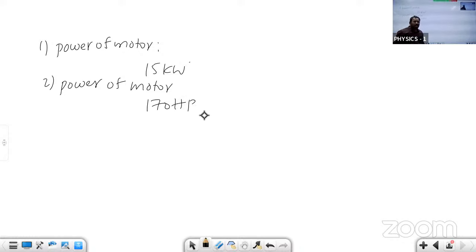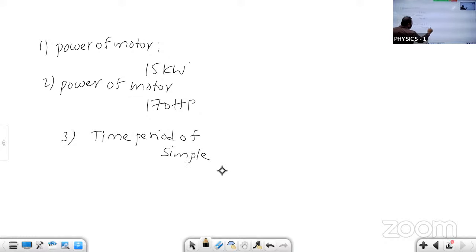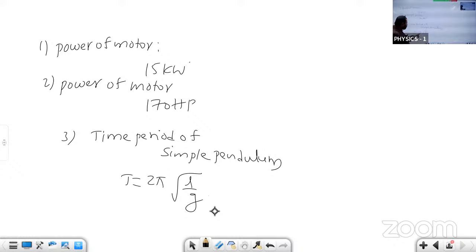This is the second LAQ: work, kinetic energy, work energy theorem. Today's class, time period of simple pendulum. T equals 2 pi under root of L by g. In total there are 3 special cases for this simple pendulum.